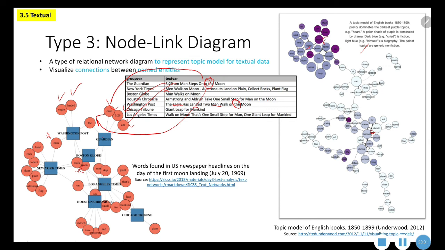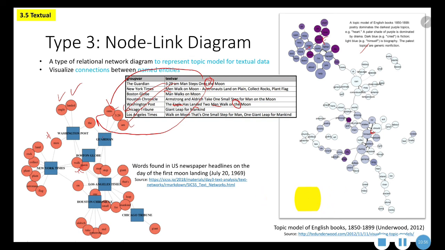Then "himself" is about biography, where the book explains a biography about someone. The palest color is non-fiction, the informative text in the book.